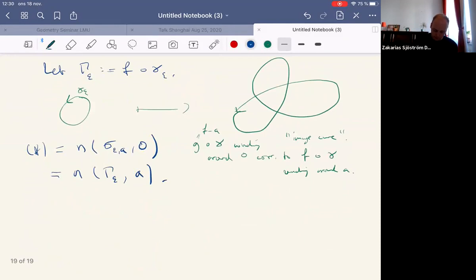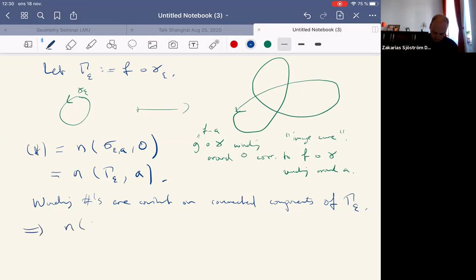Okay, but now we remember that winding numbers are constant on connected components defined by this curve here, gamma epsilon.